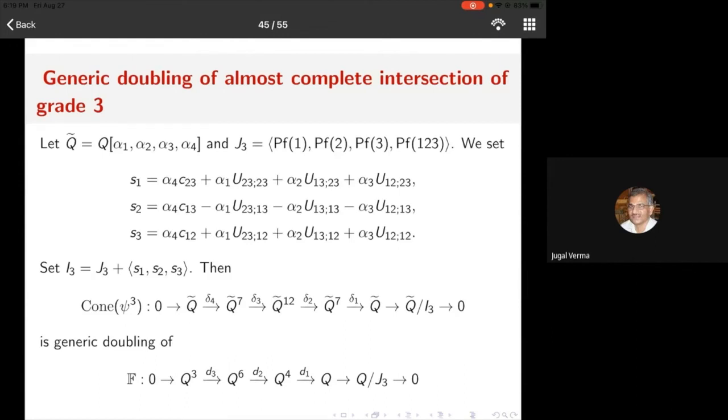So that was the only known family, and this deformation of the generic doubling gives the Kustin-Miller family. So doubling gives all known 7 generator grade 4 Gorenstein ideals.